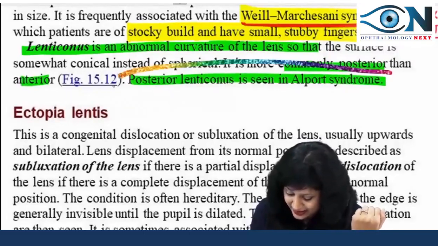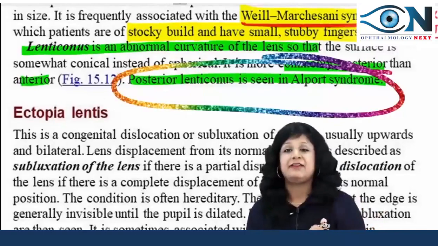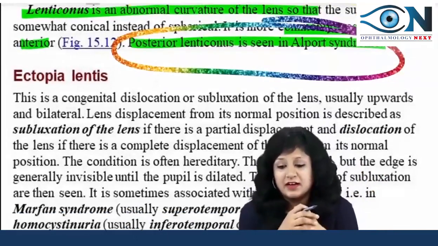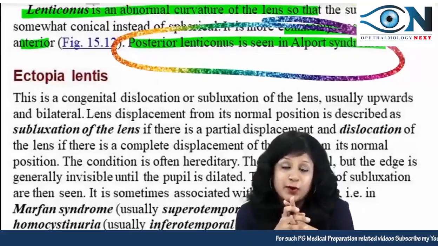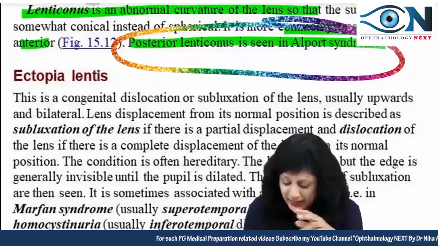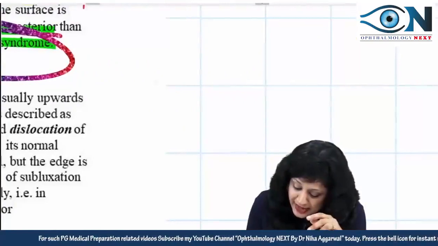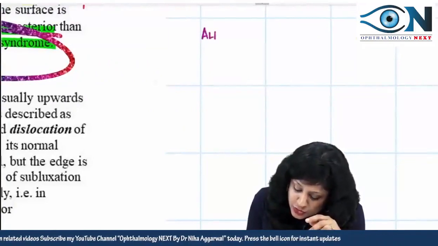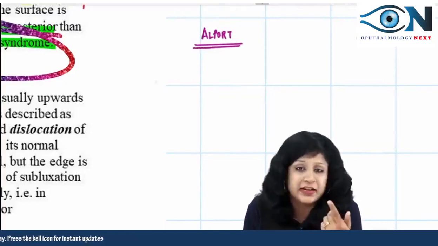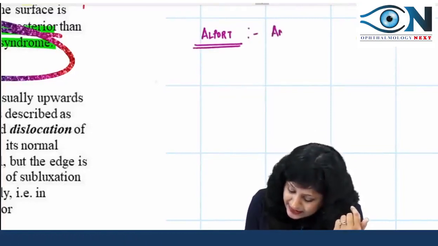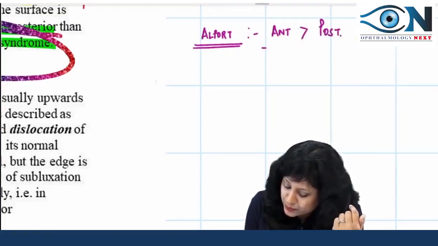Now this is again a controversial line, and every time I take classes I told you this, that actually this statement is not wrong, but it is not a very good statement. Why? Because Alport syndrome is one syndrome that shows you both lenticonus, but anterior lenticonus is always more characteristic than the posterior lenticonus.